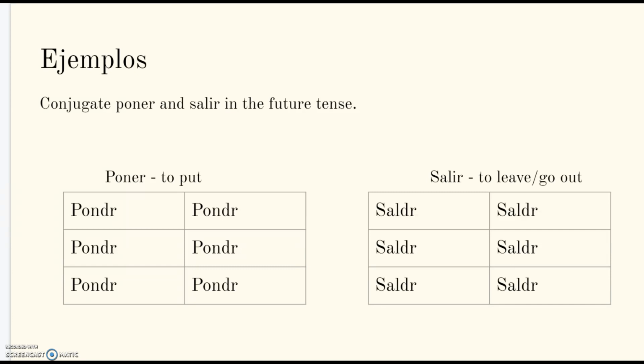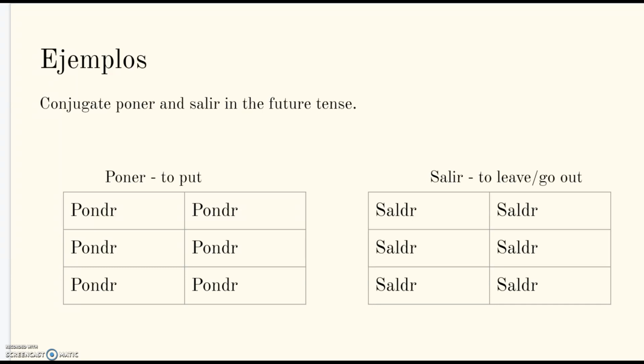And what you're going to do is just add the ending that corresponds. So the yo form would be pondré with an E at the end. Tú pondrás, él y usted pondrá, pondremos, pondréis, pondrán.